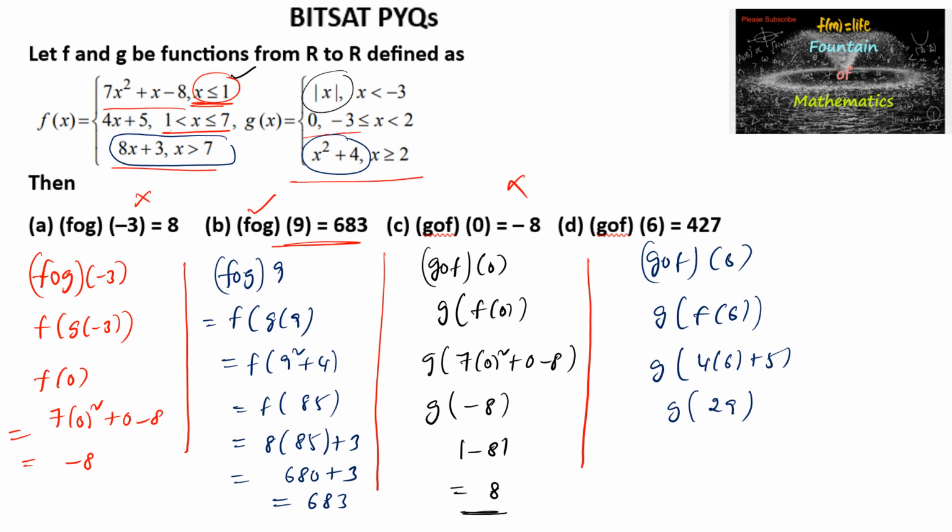Then g of 29, which is greater than or equal to 2, so we can say here 29 square plus 4. 29 square is 841, so 841 plus 4, that is 845. But it is given as 427, which is the wrong option. So we can go with option B.